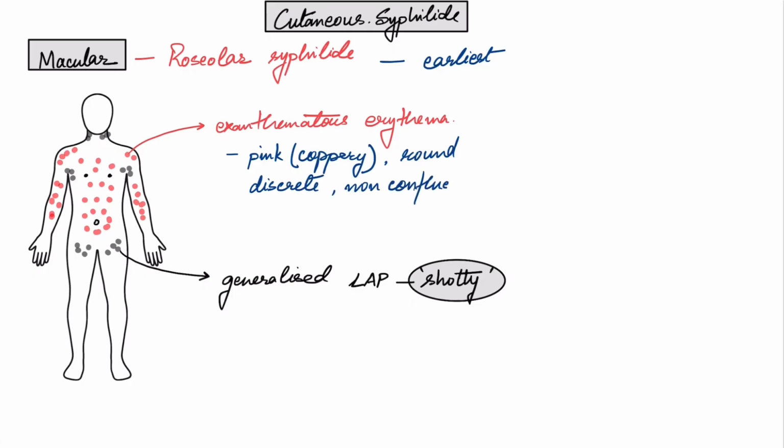It is often overlooked because it is very transient and evanescent. It usually doesn't leave any mark, but may have PIH sometimes. The color is due to the engorgement of blood vessels without cellular infiltrate. It is associated with generalized shotty lymphadenopathy.